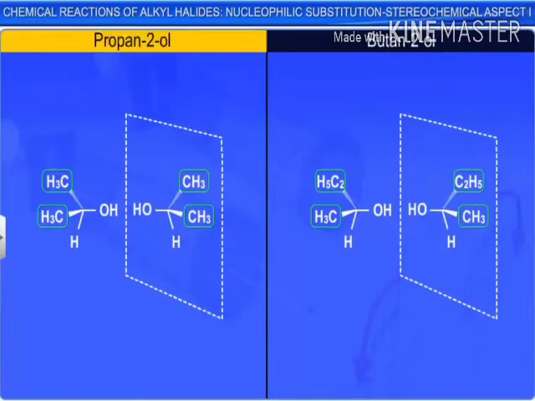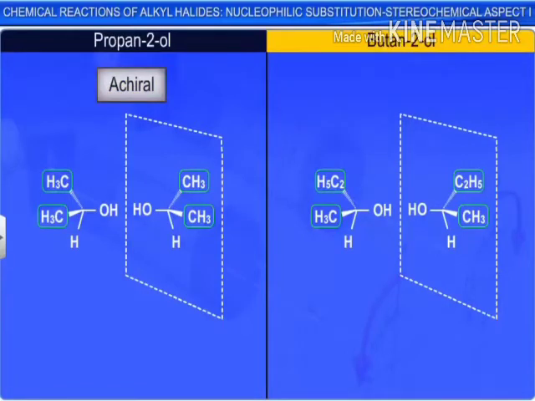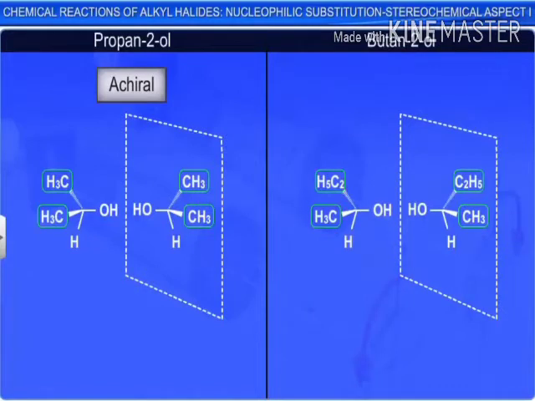Propan-2-ol does not contain an asymmetric center, since the four groups attached to the tetrahedral carbon are not all different. Thus, it is achiral. However, butan-2-ol contains four different groups attached to the tetrahedral carbon. Hence, it is an asymmetric molecule and is expected to be chiral and optically active.